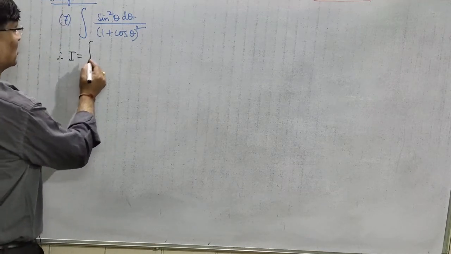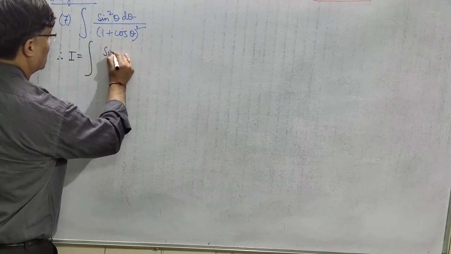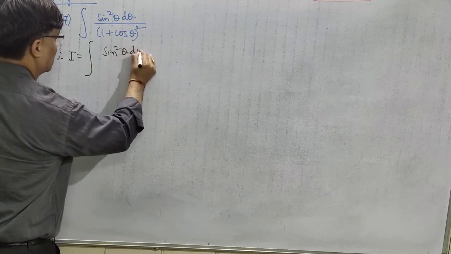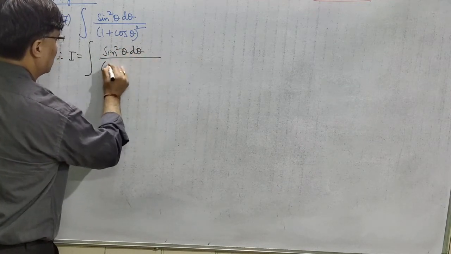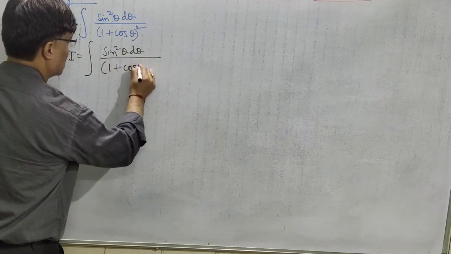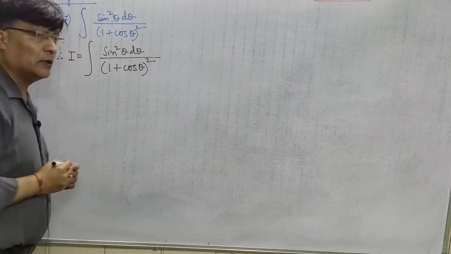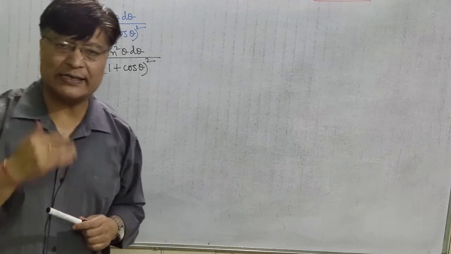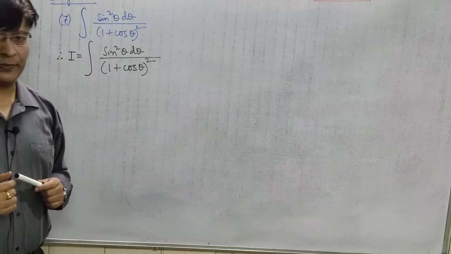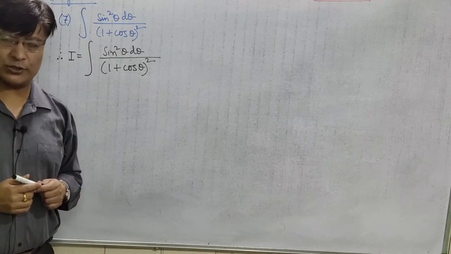So capital I is equal to the integration of sin square theta d theta divided by (1 plus cos theta) whole square. So you cannot directly integrate the given trigonometric function.